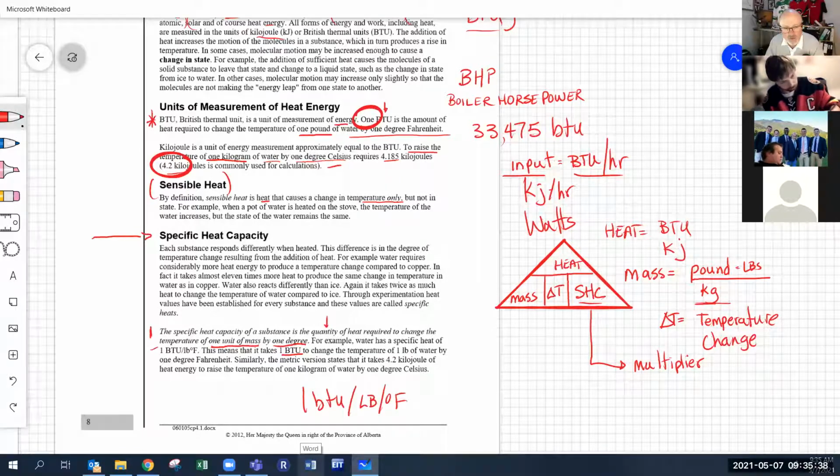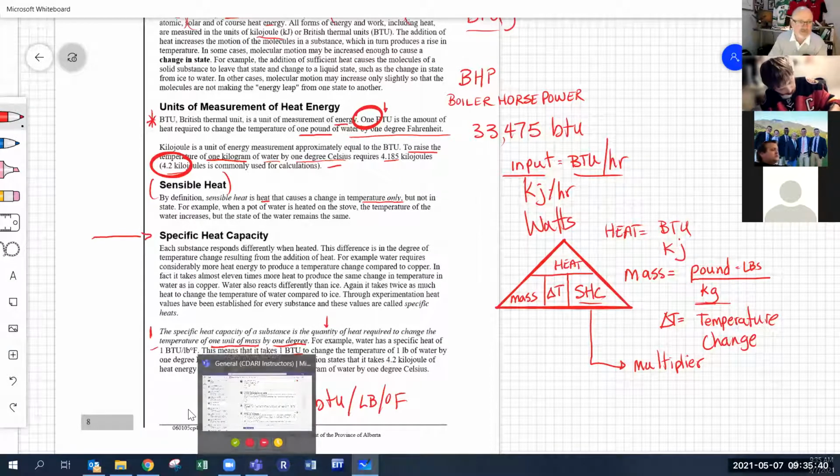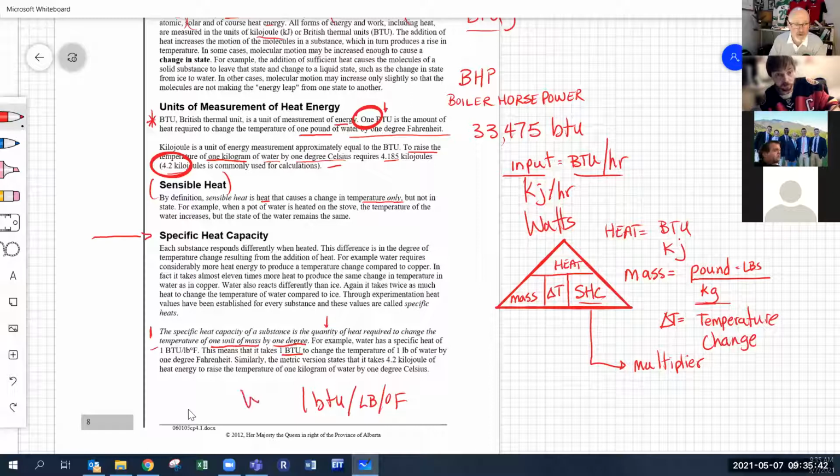So this is our multiplier for water. And the metric equivalent is 4.2 kilojoules per kilogram per degree Celsius. So the specific heat capacities in this formula are given numbers, and I'm going to call those a multiplier.